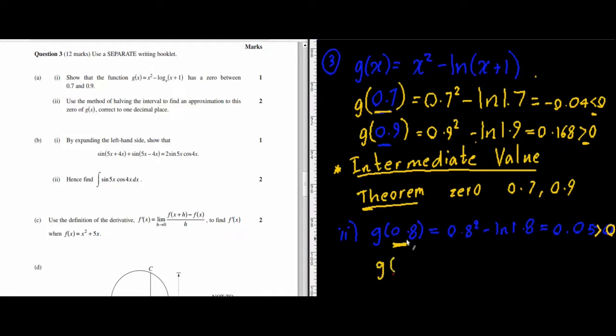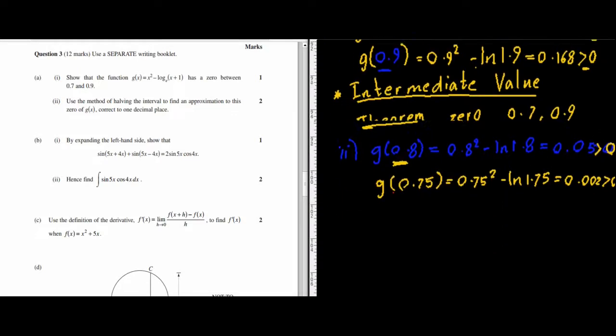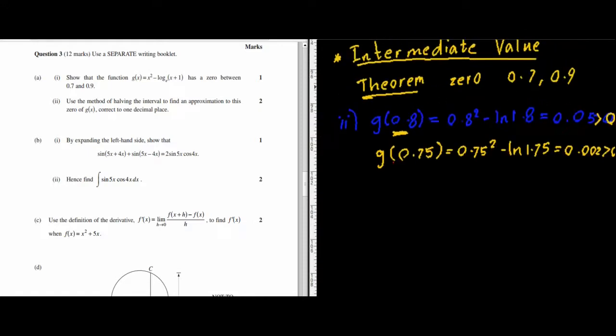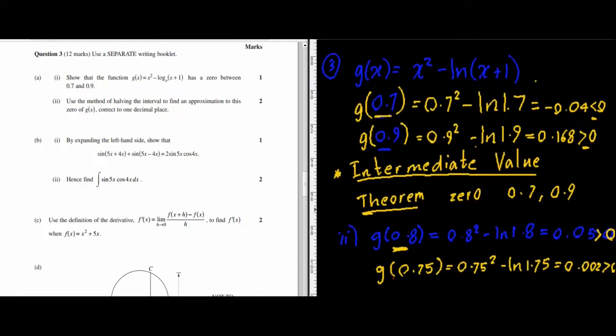What I need to do is use the halving method one more time. What I did showed me that it's between 0.7 and 0.8. Now I'm using 0.75 to refine it even more. Taking 0.75 squared minus ln of 1.75, I get this to be equal to 0.002, which is again greater than 0. Now I know that my value is between 0.75 and 0.7.